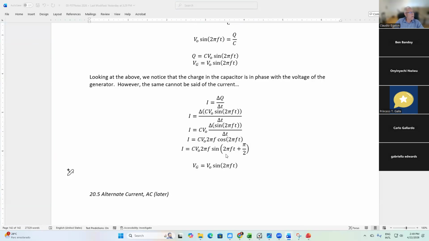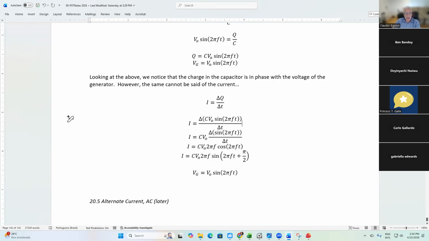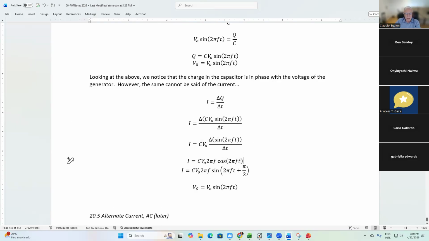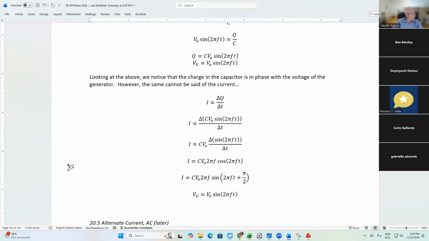And that's the result that you have to memorize. I'm not doing the derivation here, but if you took calculus, you know how to do that. You're not required to know calculus in this course. That's why you have to memorize that relation.